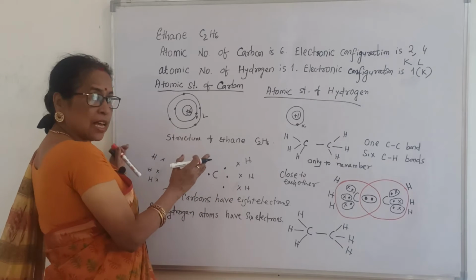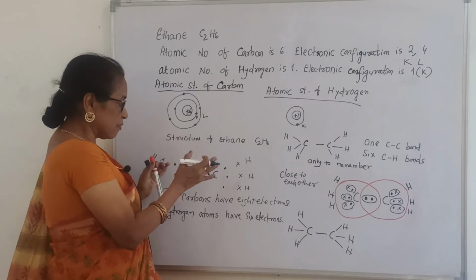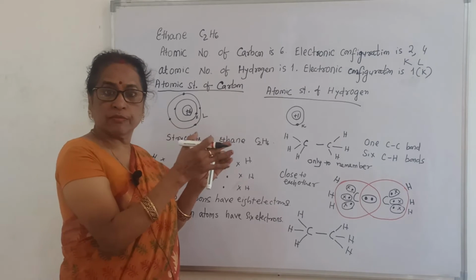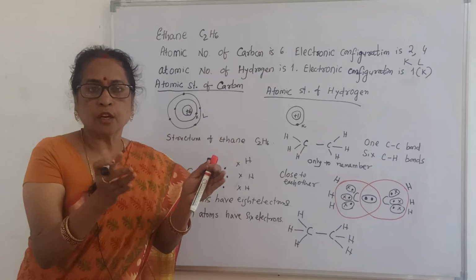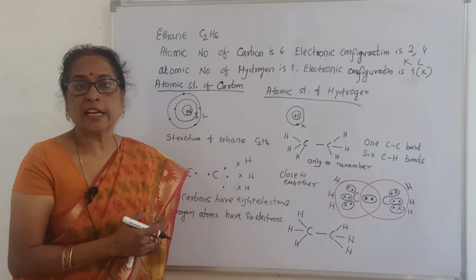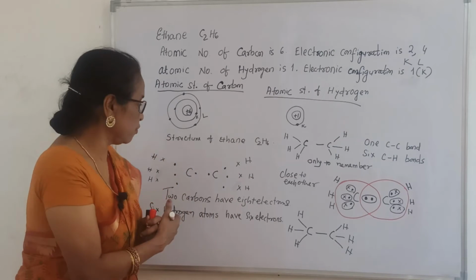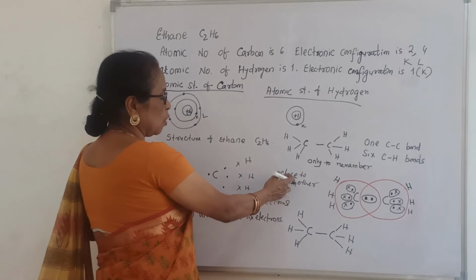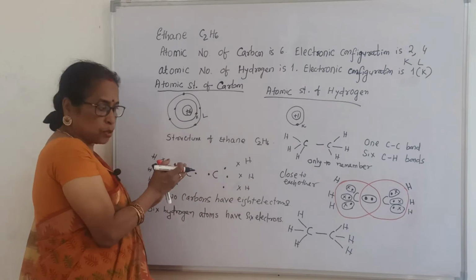They are far away from each other, but when the covalent bond is going to form, they come close to each other and try to attain the nearest inert gas configuration.